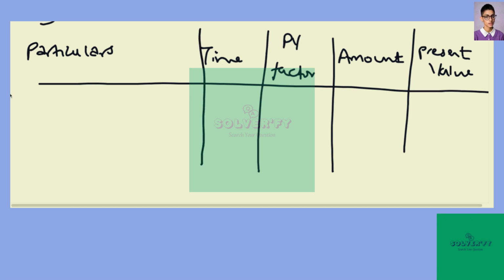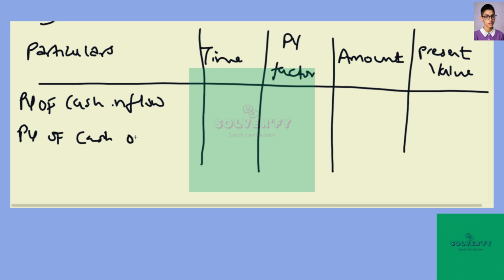For the particulars, we're going to have the present value of the cash inflows, the present value of cash outflows, and then the net present value. Now, the period is 1 to 5, right?